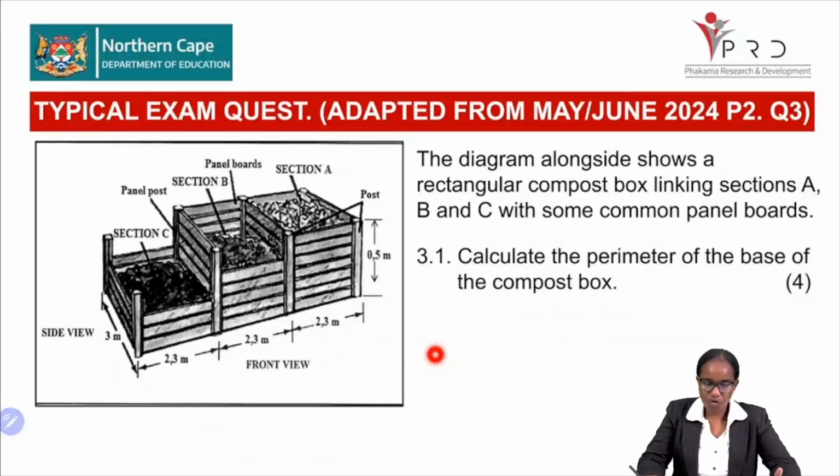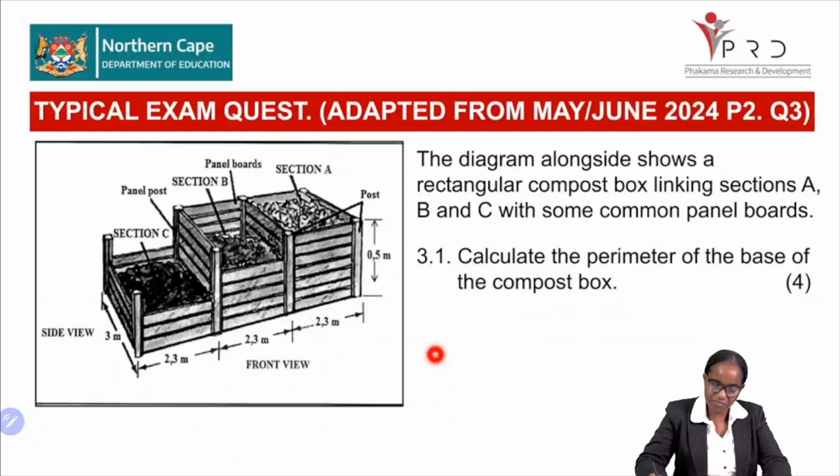Right, then we move on to some activities. Now that we know the formulas to use to calculate different measurements, we have a typical examination question obtained from the May-June National Certificate Examination 2024.